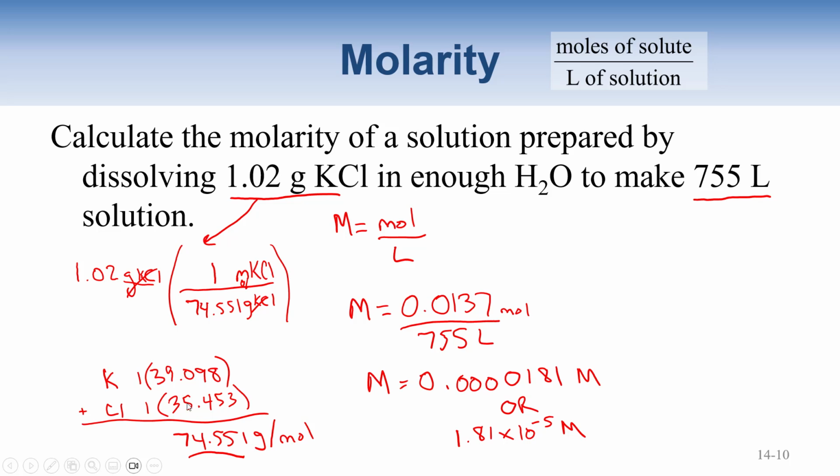We added those masses up and used that as our conversion factor. That's how many grams are in 1 mole of that substance. So we converted 1.02 grams to 0.0137 moles, then divided away the 755 liters, and that's how we got the molarity.